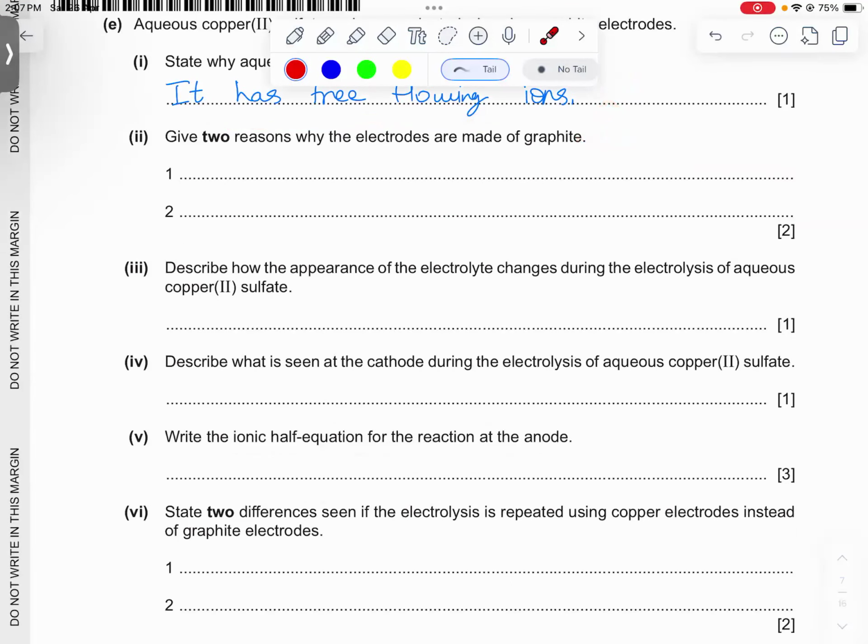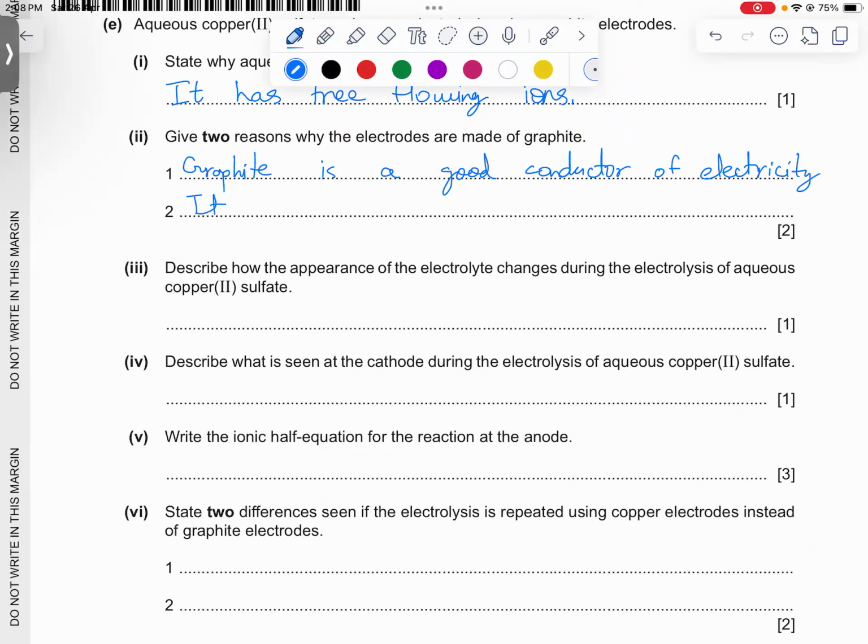Give two reasons why electrodes are made up of graphite. First reason, graphite is a good conductor of electricity. Second reason, it is inert at room conditions especially.